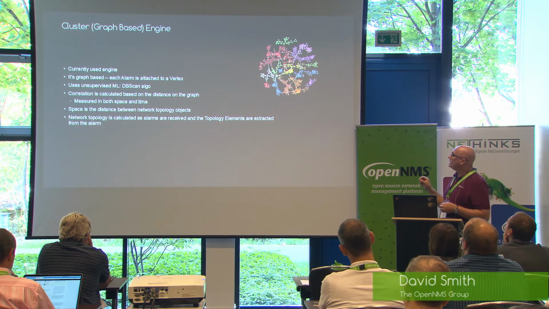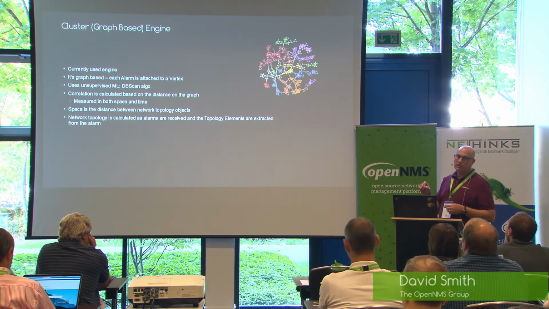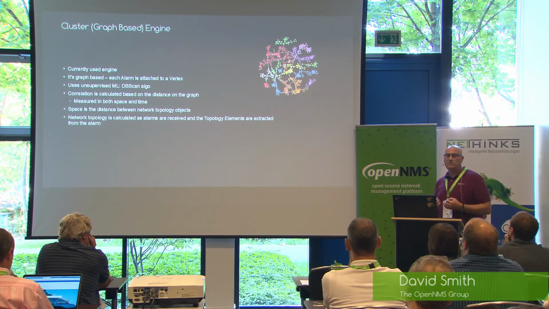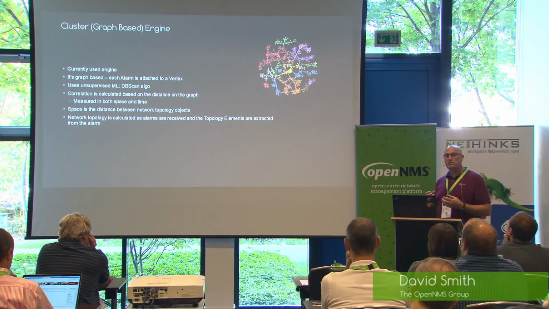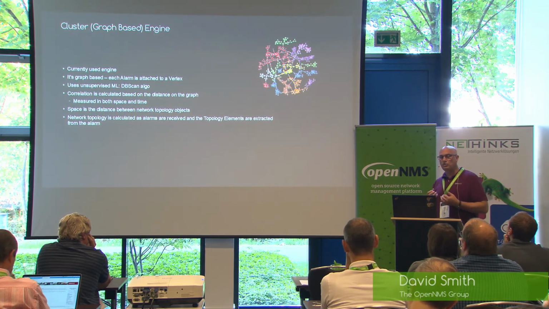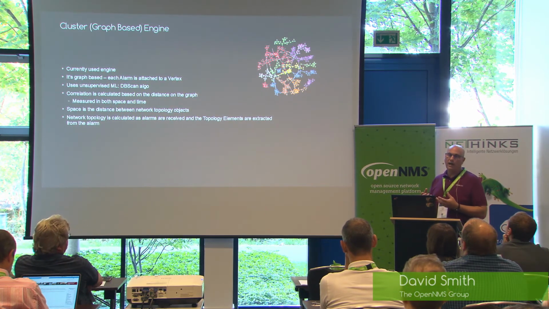One of the other things this does is attempt to extract elements from the topology to create a vertex. So basically, as a syslog message comes in, as an SNMP trap comes in, it tries to create or abstract a model object from that.